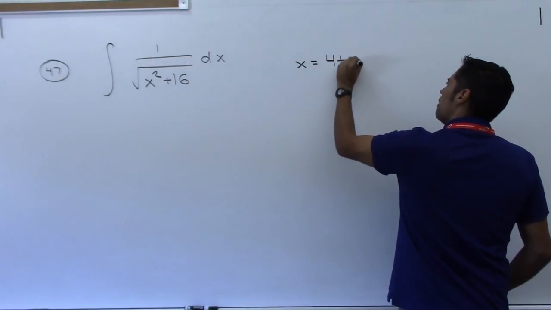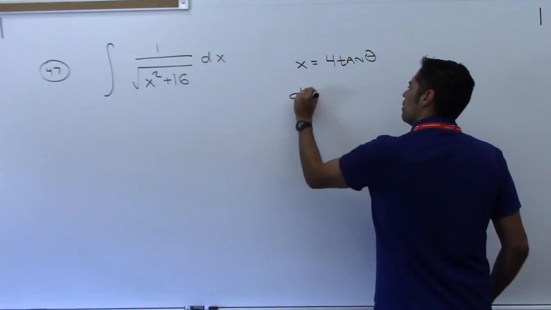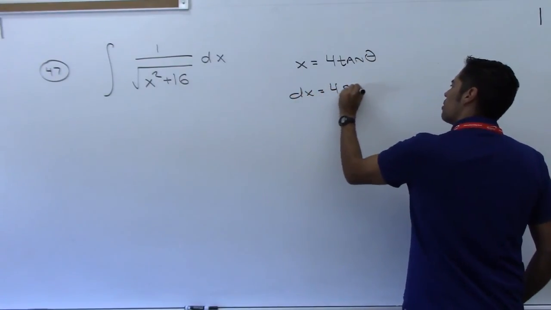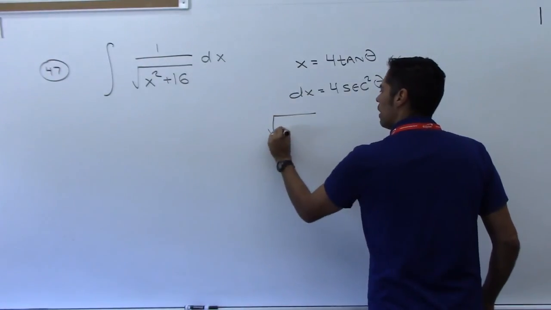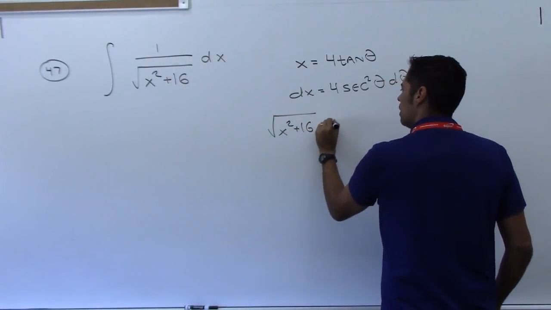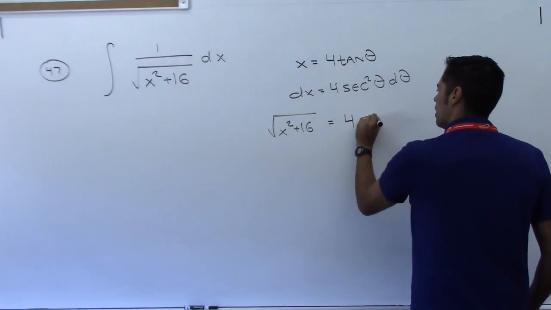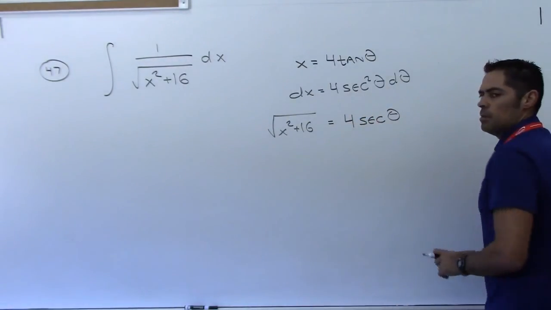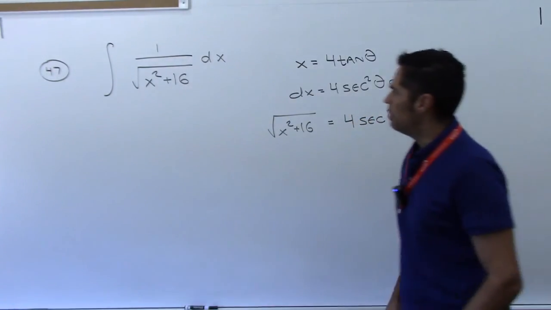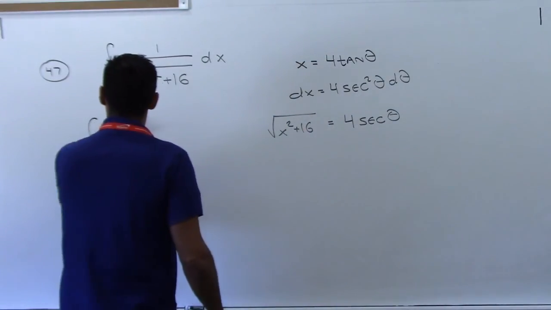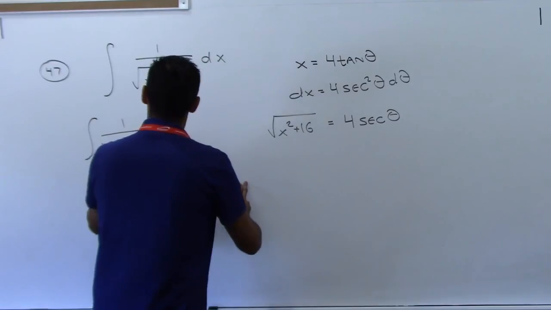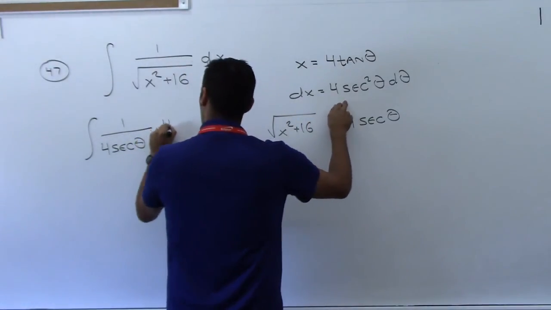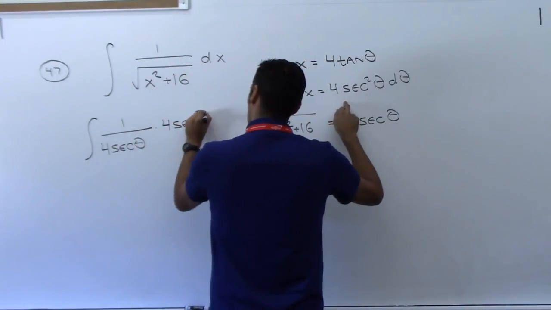x equals 4 tan theta, dx is 4 secant squared theta d theta. The square root of x squared plus 16 should be equal to 4 what? Secant theta, right? Okay, and then rewriting the integral, 1 over 4 secant theta, dx is 4 secant squared theta d theta.